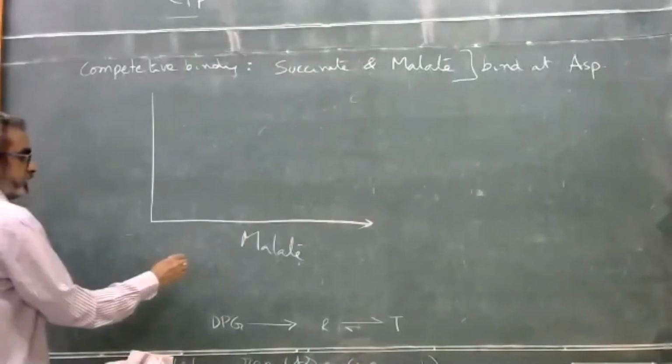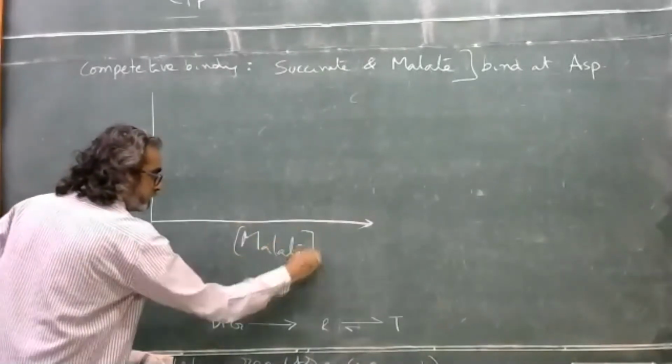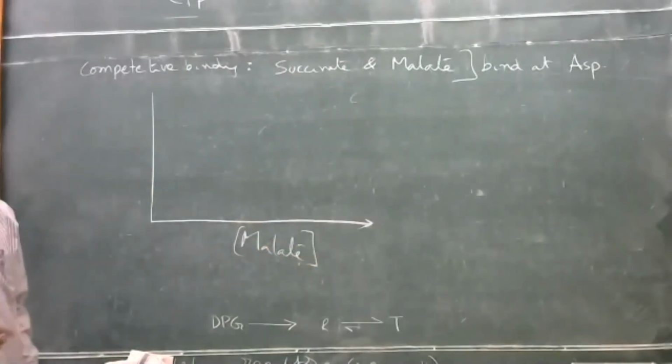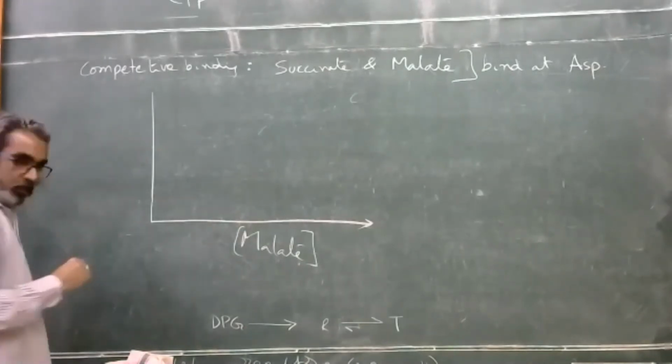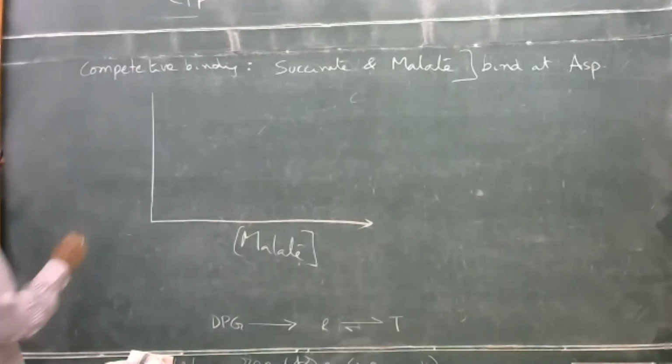What they did is change the malate concentration at a given aspartic acid concentration, of course plus enzyme, and we are plotting the activity.